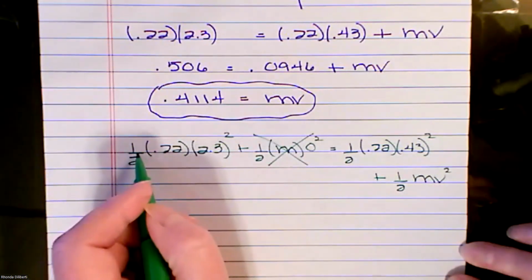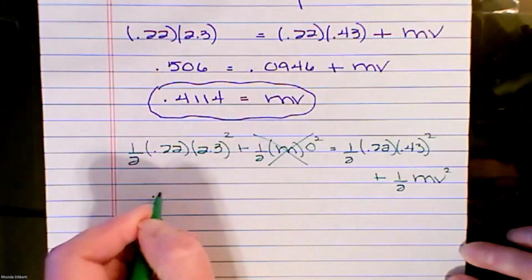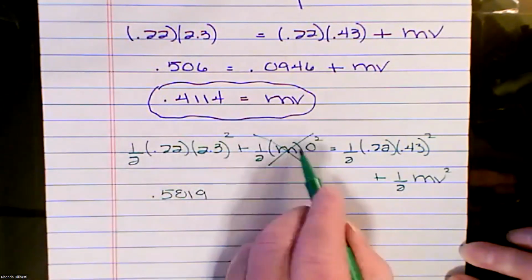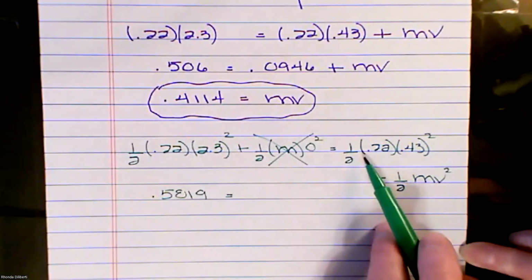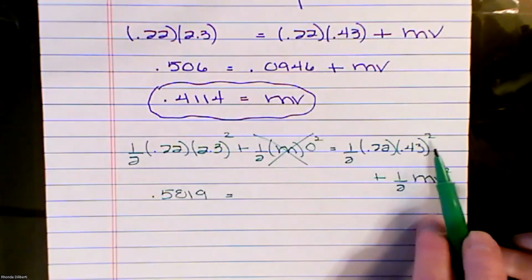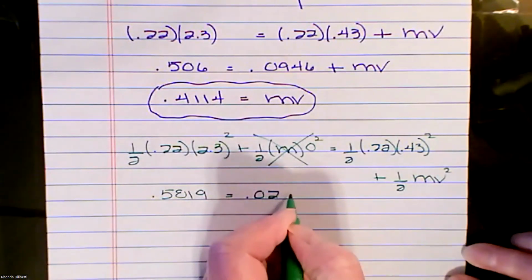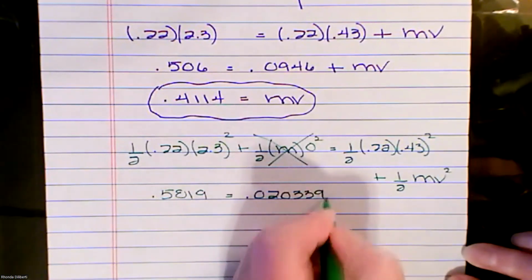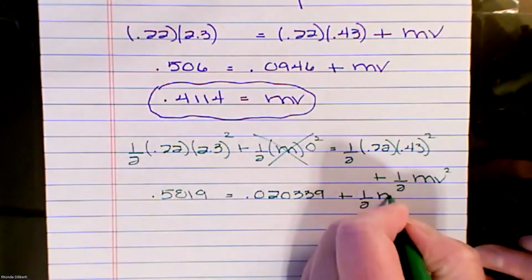So 1/2 times 0.22 times 2.3 squared turns out to be 0.5819. That's a 0, so I'm going to leave that. 1/2 times 0.22 times 0.43 squared turns out to be, again, I'm writing down more decimal places than I probably should be doing right now, plus 1/2 mv squared.